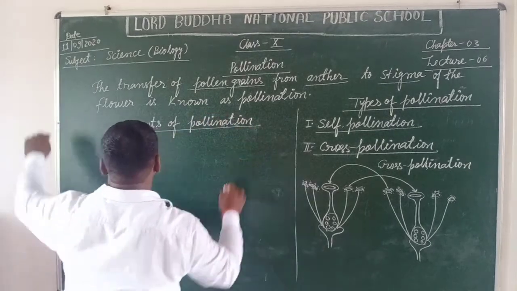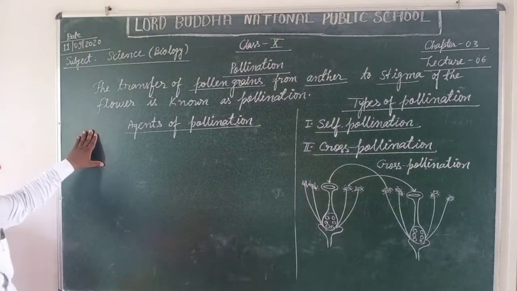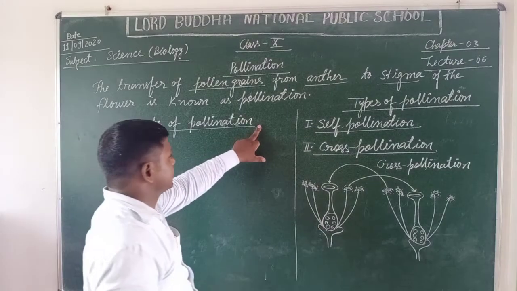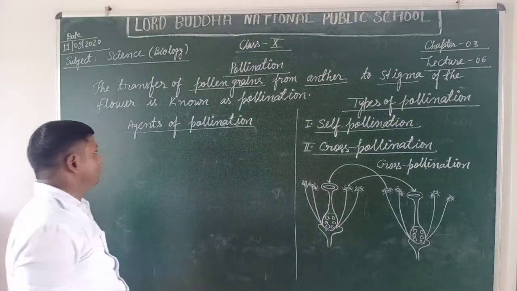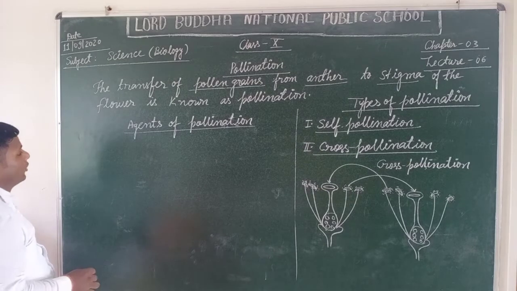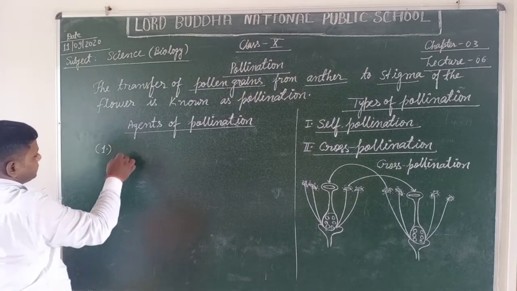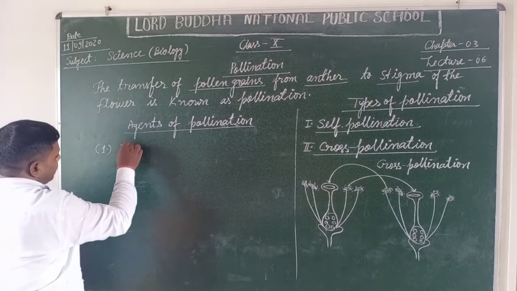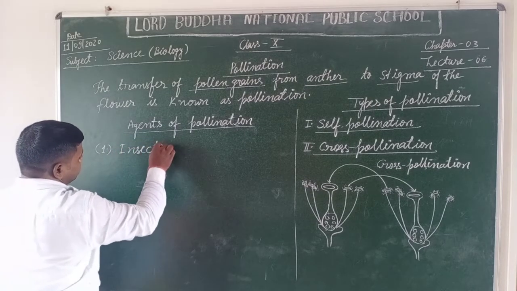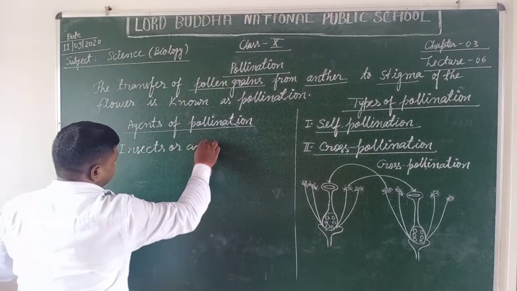Students, there are mainly three types of agents which are responsible for the process of pollination in plants. The first one is insects or animals.